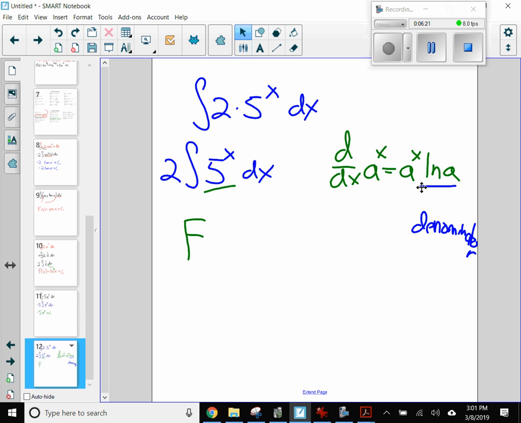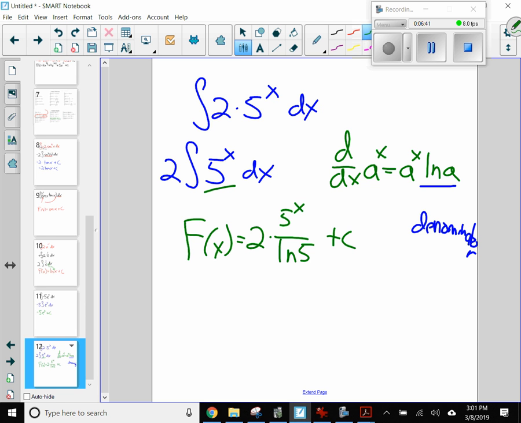So my big f of x here is going to be equal to 2 times 5 to the x divided by ln 5 plus c.